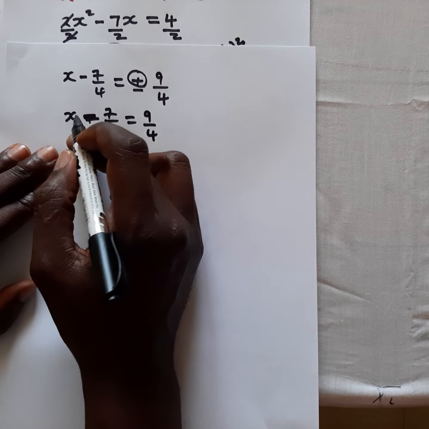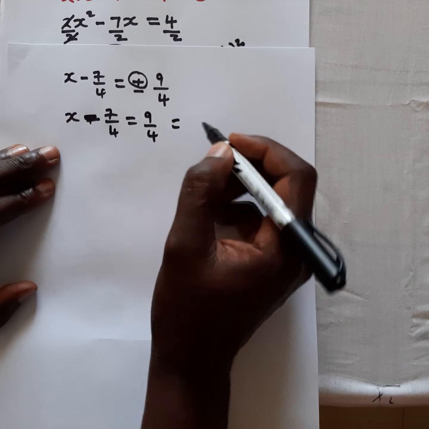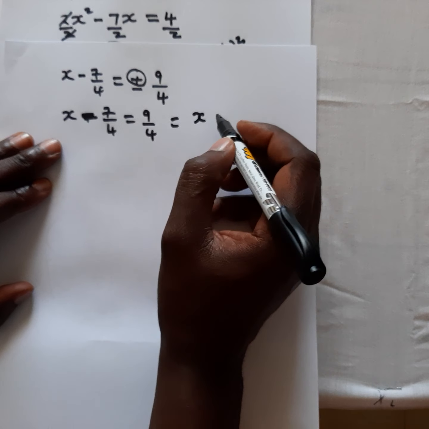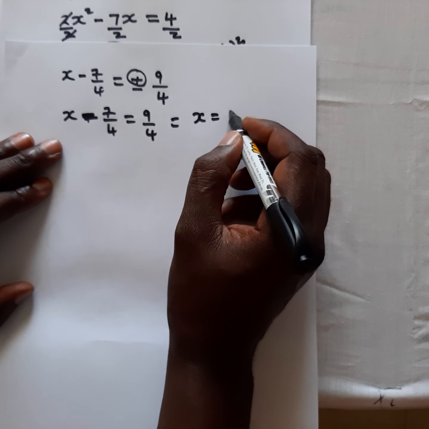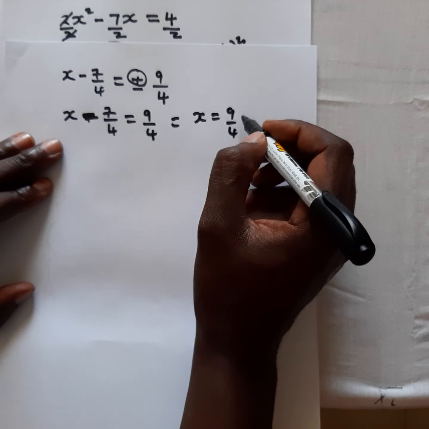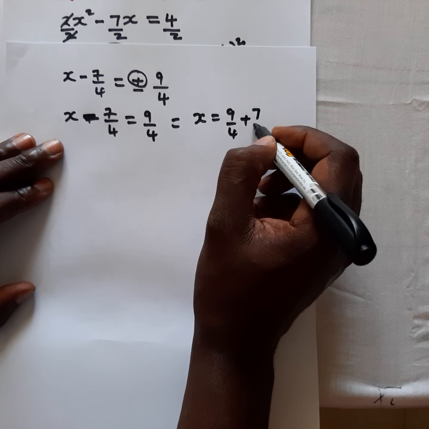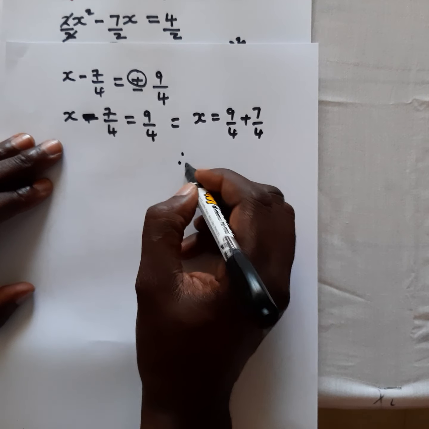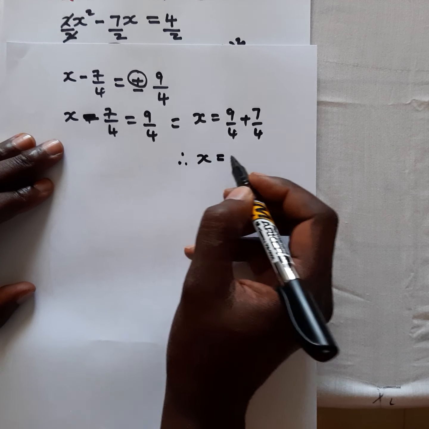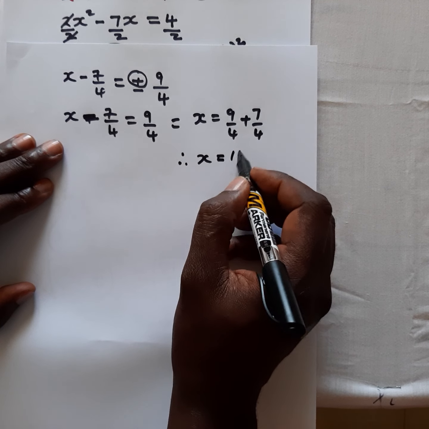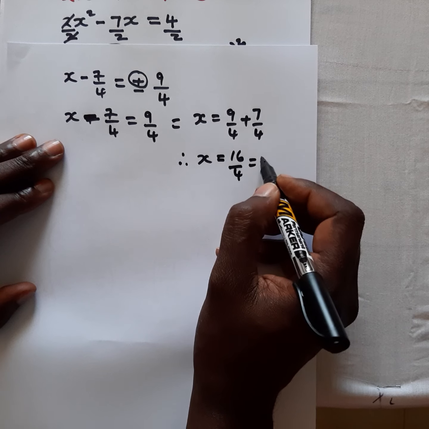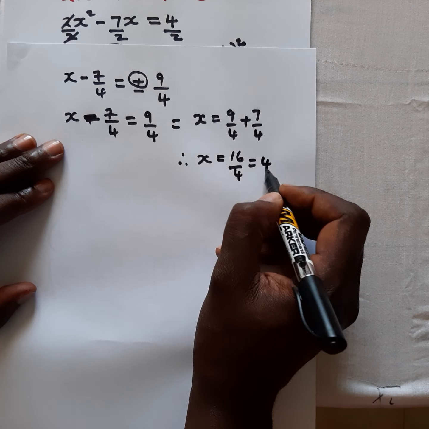Then we solve for x. We'll have x equals 9 over 4 plus 7 over 4, and therefore x will be equal to 16 over 4, and this gives us 4.